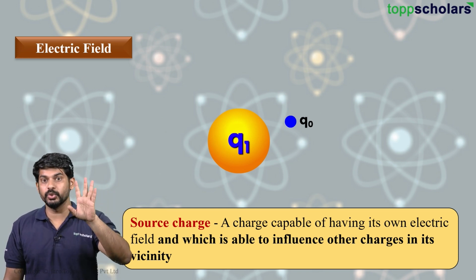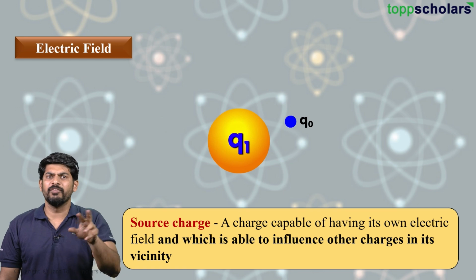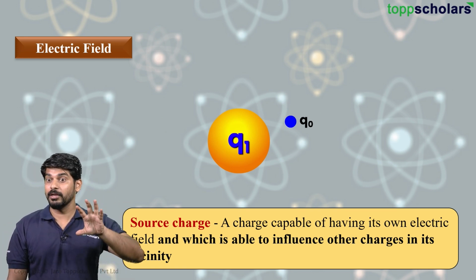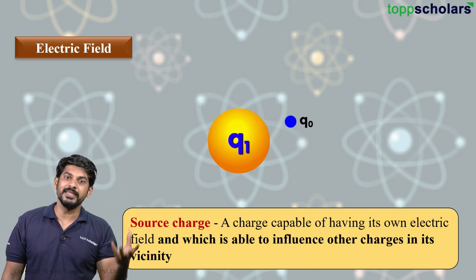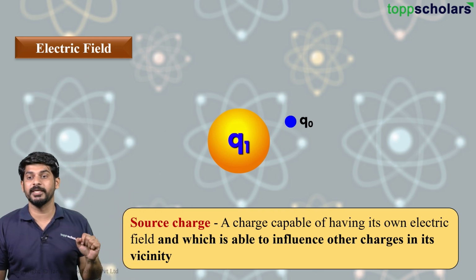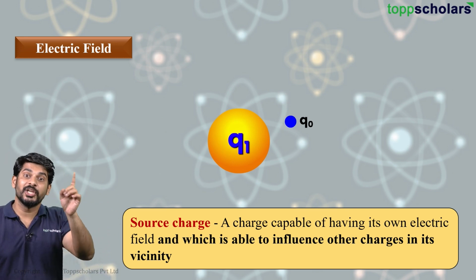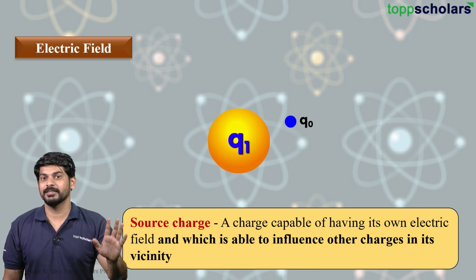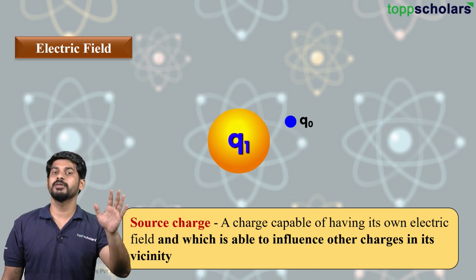So it is a source charge. Generally in electrostatics, while studying different concepts, we use two kinds of charges. One is a source charge which produces the fields and whose effects we are studying, and we also use test charges which are generally very small. So these are the two types of charges that we generally use.